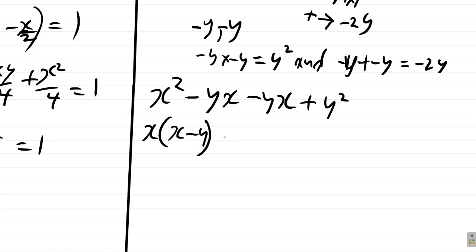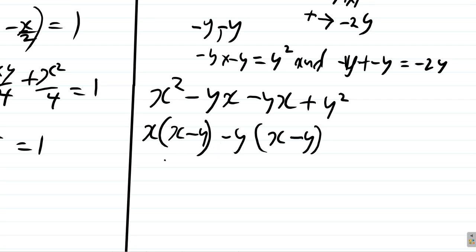And then here is going to be negative y outside the bracket. Inside the bracket, negative y times what gives you negative yx is x. Negative y times this will give you positive y squared, so it must be negative y. And you see that we have the same things inside the bracket, so we're on the right track.